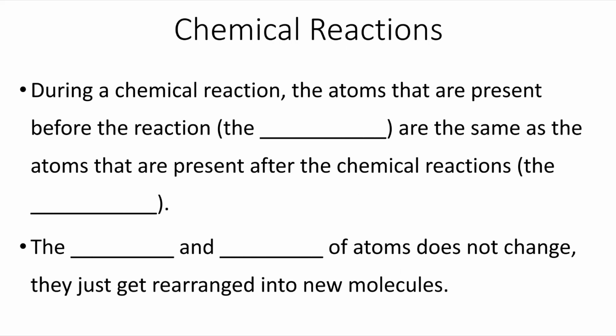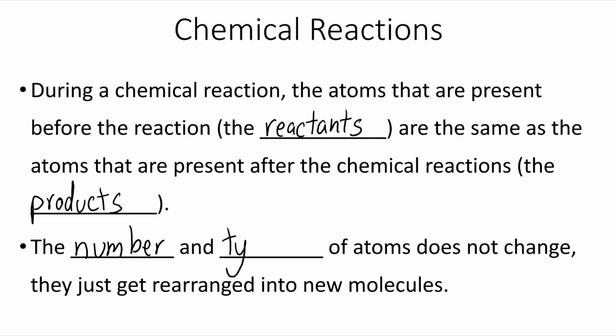During a chemical reaction, the atoms that are present before the reaction, again, the reactants, are the same as the atoms that are present after the chemical reactions, the products. The number and types of atoms do not change. They just get rearranged into new molecules.